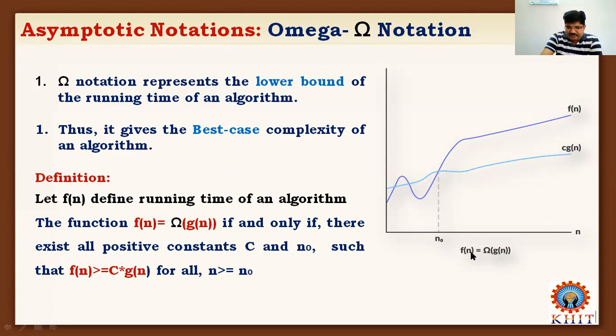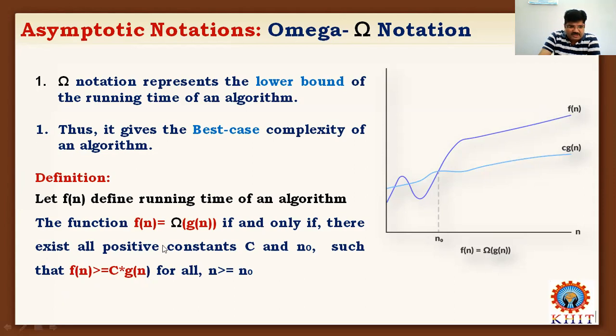So the function f of n equals omega of g of n if and only if there exist positive constants c and n naught such that f of n is greater than or equal to c into g of n. Here f of n is the highest boundary and c into g of n is the lowest boundary.